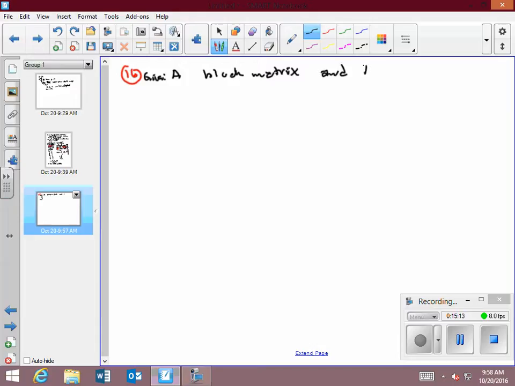And A11 is invertible. I think they're both invertible.